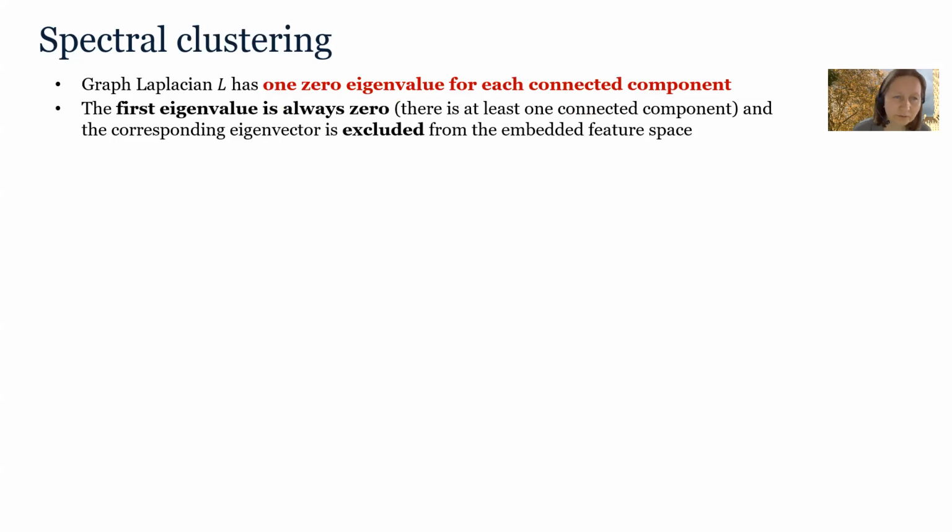An important theoretical fact to realize is that the graph Laplacian has exactly one zero eigenvalue for each connected component. For this reason, the first eigenvalue is always 0 because we always have at least one connected component, and the corresponding eigenvector is excluded from the embedded feature space because it's not informative.